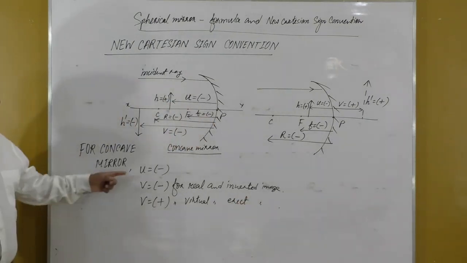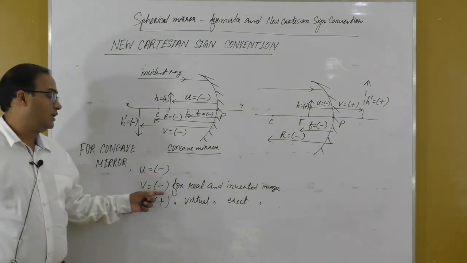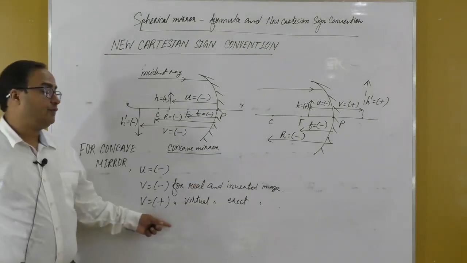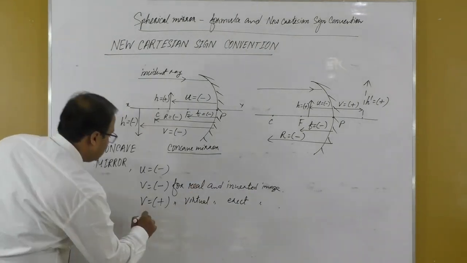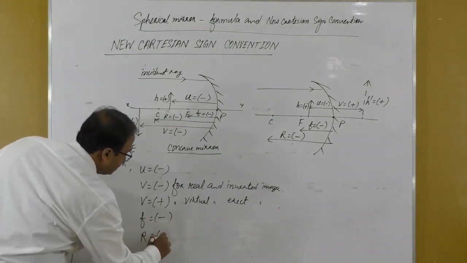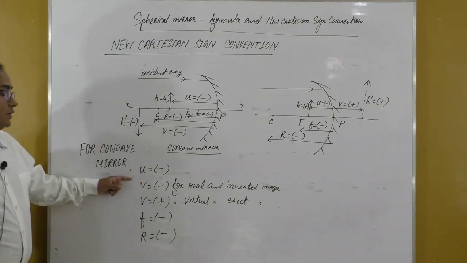Okay, so u is always negative, and v is negative if the nature of the image is real and inverted, positive for virtual and erect image. F is always negative, R is also always negative. So this is the sign convention for concave mirror.